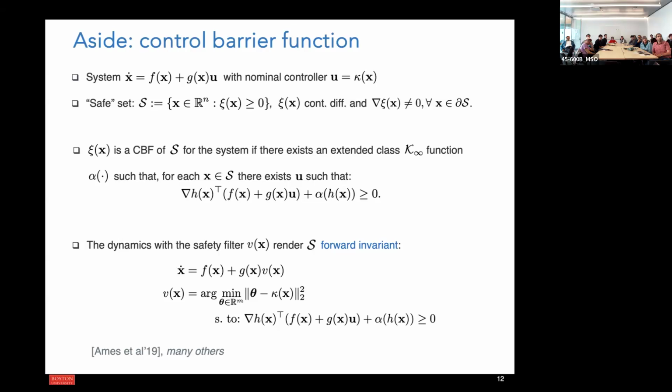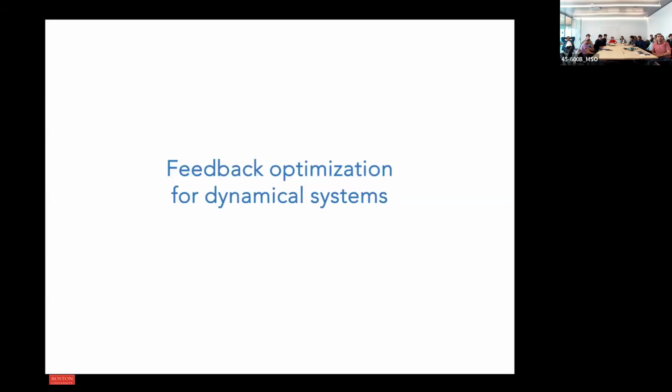And this is nothing but an extended class K infinity function applied to h of x, the Xi of x. So it basically tells you that you are trying to steer the dynamics of your system in a direction such that you enter the safe set if you're starting outside, and if you are already inside, you stay there. Okay, thank you. Sorry for the mix-up of the symbols. All right, now I'm ready to go into the first part.